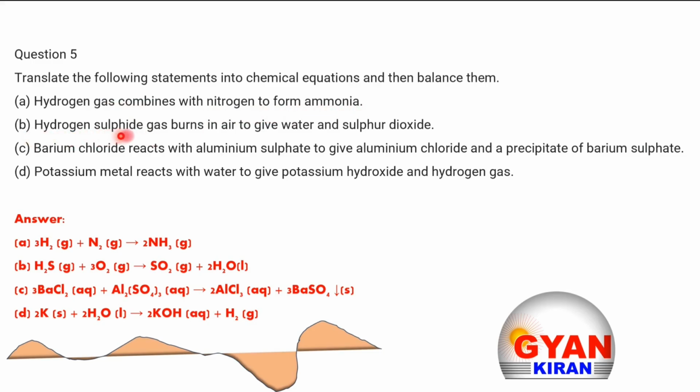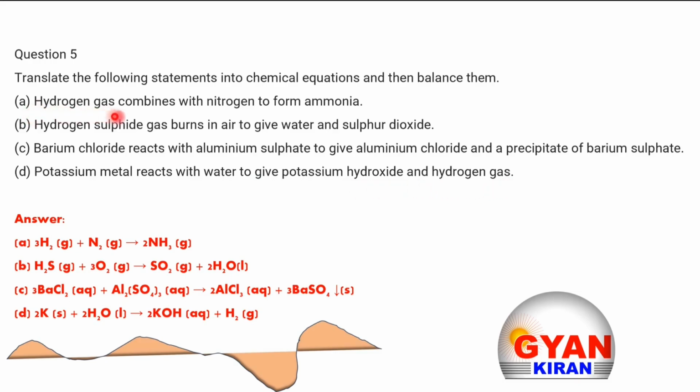Second one is hydrogen sulfide gas burns in air to give water and sulfur dioxide. Third one is barium chloride reacts with aluminum sulfate to give aluminum chloride and the precipitate of barium sulfate. And the fourth one is potassium metal reacts with water to give potassium hydroxide and hydrogen gas.